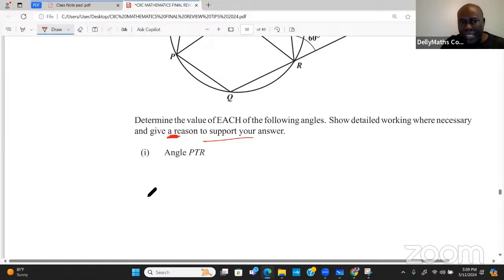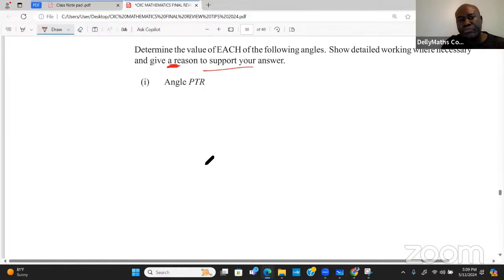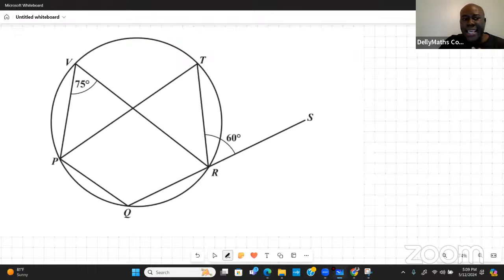Now, what I would normally say here is that we're doing angle PTR. Let us look at angle PTR. I normally say identify PTR. And when you identify PTR, you want to look to see where there are.